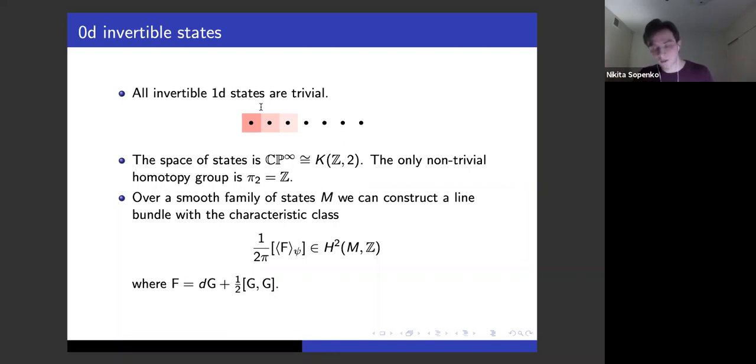And well, all states are in the trivial phase, but still the space is not trivial, so it has non-trivial pi2, and it is responsible for what's called the Berry class. For any quantum mechanical system, there is a natural curvature on the family of such states, and the class of this line bundle, if it is non-trivial, corresponds to the fact that we cannot produce all the states by some smooth family of these LGAs.